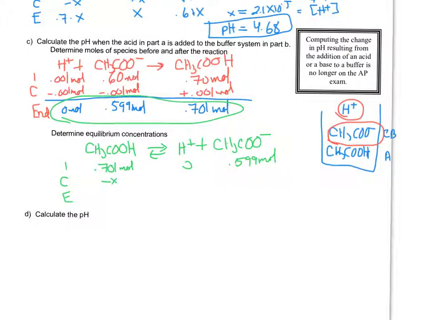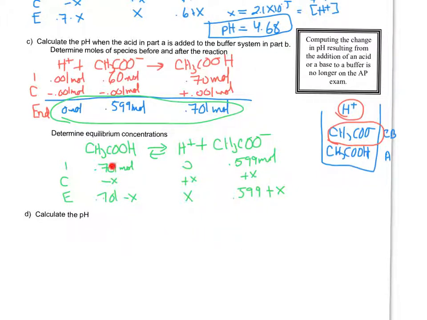Minus X plus X plus X, 0.701 minus X, X, and 0.599 plus X. You know what, actually, I would use maybe molar concentrations for these instead of moles, because I need to set it up to my Ka expression, so that needs to be molarity.